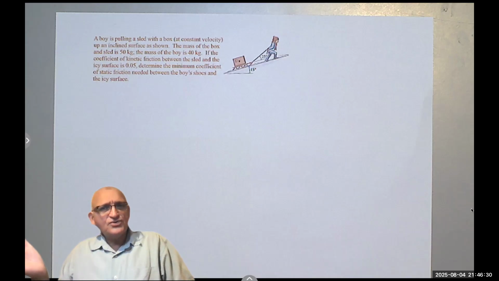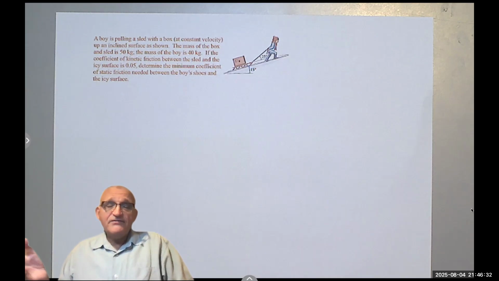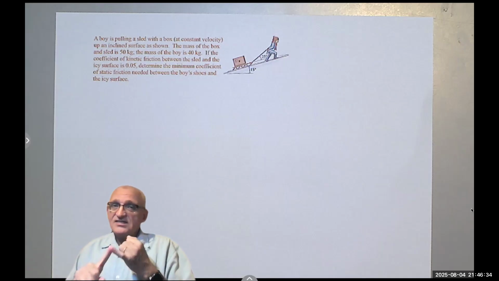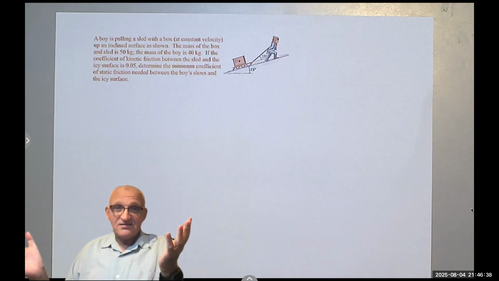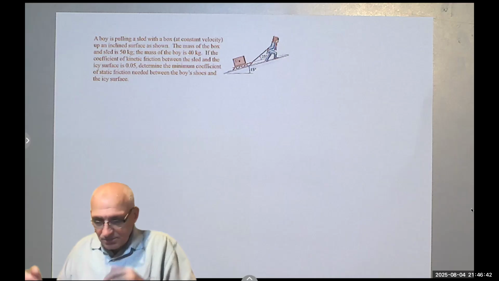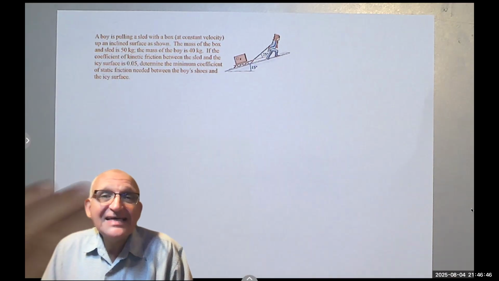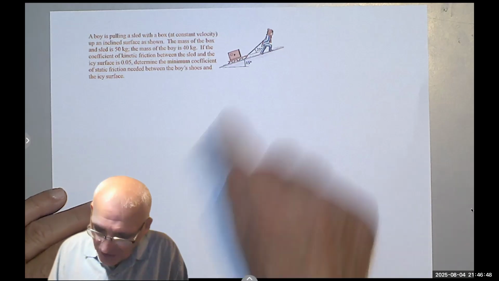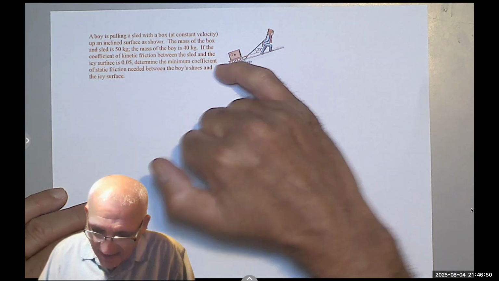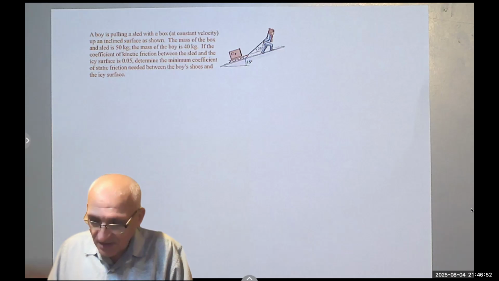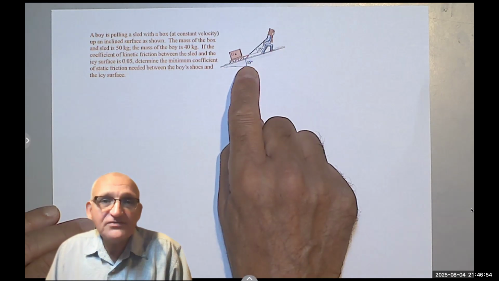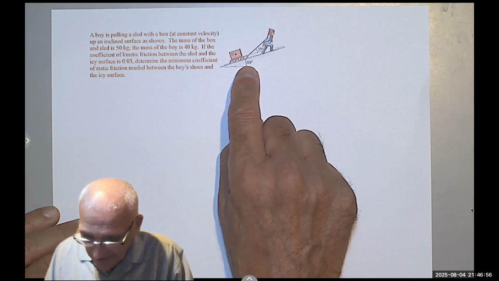How are we going to treat that? Well, if it's at constant velocity, meaning same speed, same direction, there is no acceleration, right? So we can use the coefficient of kinetic friction between the sled and the icy surface. This icy surface is making 15 degrees with the horizontal.